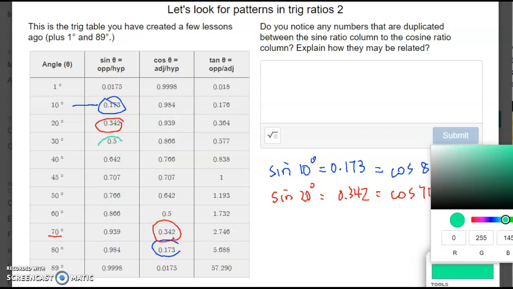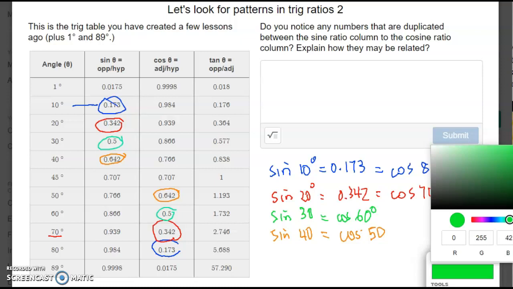You have 0.5 and 0.5, so 30 and 60 degrees, and 40 and 50 degrees. So sine of 40 degrees is equal to cosine of 50 degrees, and sine of 30 degrees is equal to cosine of 60 degrees.